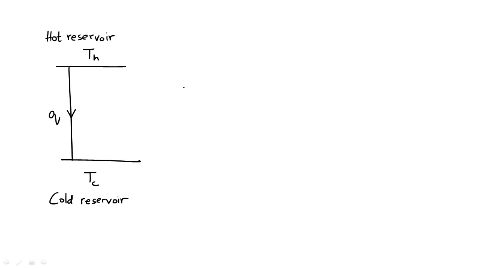The change in entropy of the hot reservoir is delta S hot is equal to minus Q by Th. And the change in entropy of the cold reservoir is delta S cold is equal to heat absorbed divided by the temperature at which the heat was absorbed.